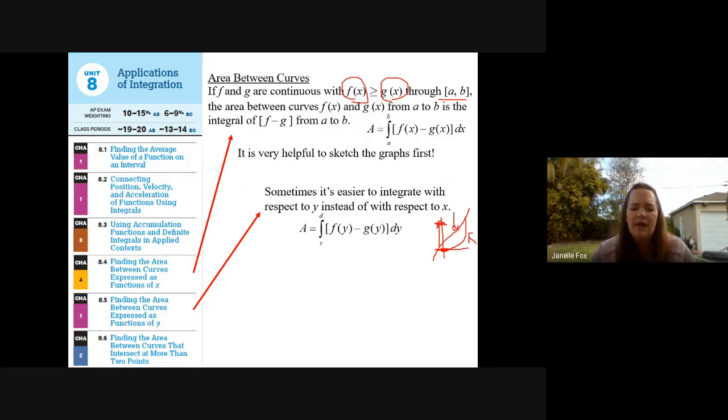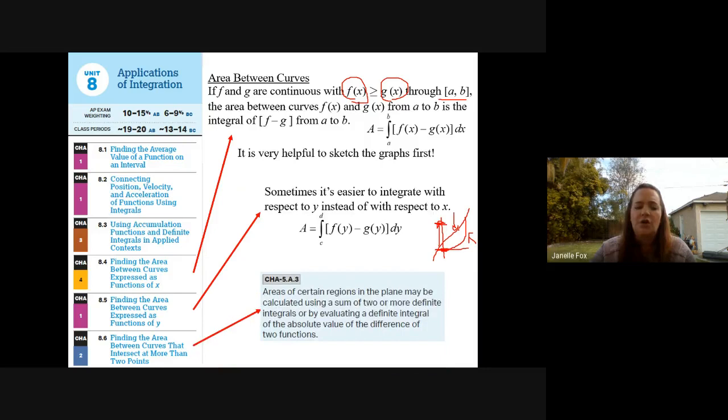Okay. Maybe your curves intersect each other at more than one point. I can remember doing things on quizzes and tests and maybe even the homework where they gave you a picture like this and then it went like here and here and here, right? So basically what you had to do is partition it up and think about all the different places that it switches from which curve is on top to which one's on the bottom.